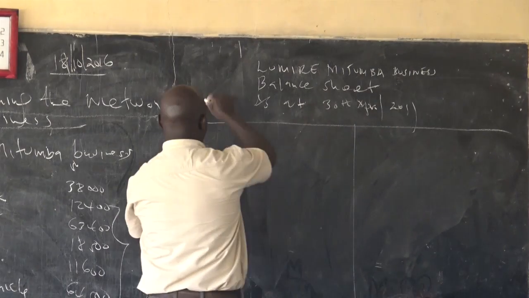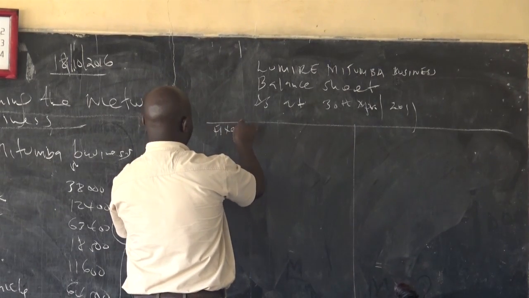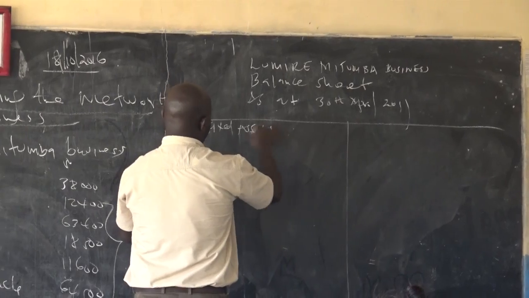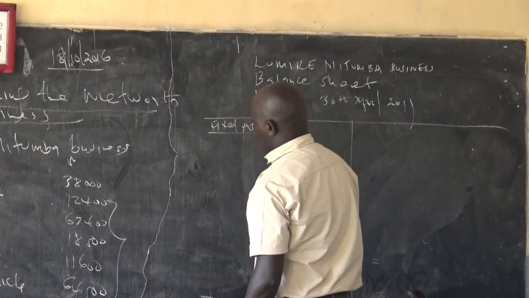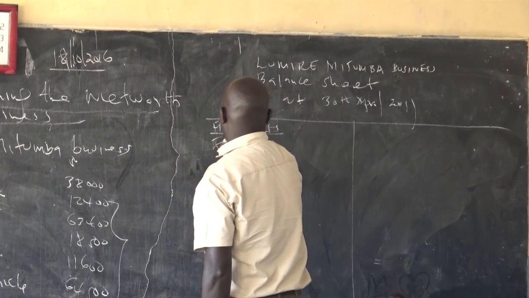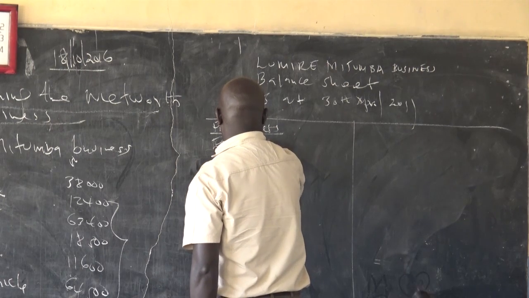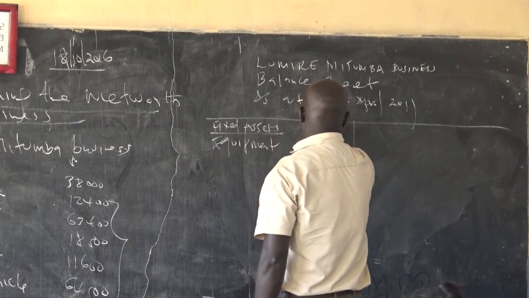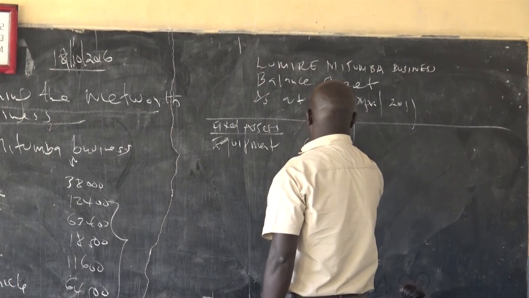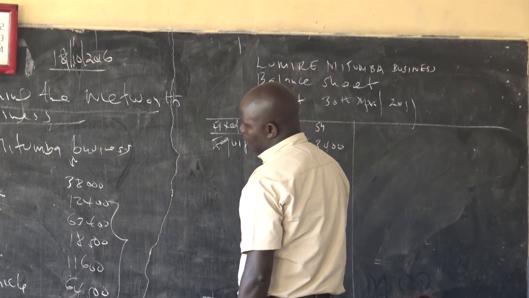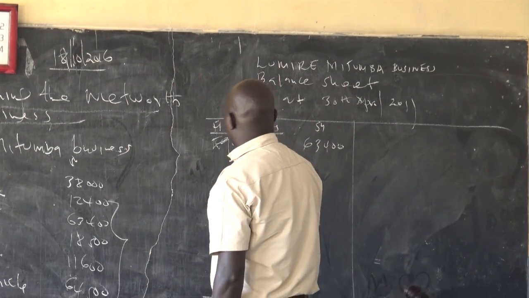What do you have here? What is that with? Equipment, isn't it? Yes, equipment. It is 60? Anything else? Motor vehicle, isn't it?